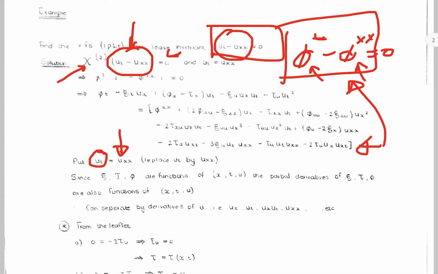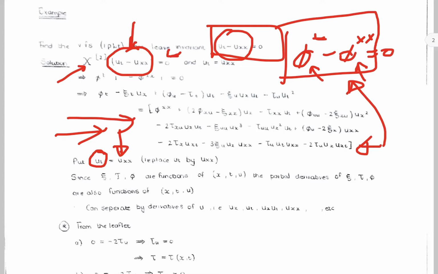And since the xi, the phi, and the tau are functions of x, t, and u only, the basic variables, the partial derivatives of these unknown functions are also functions only of x, t, and u.